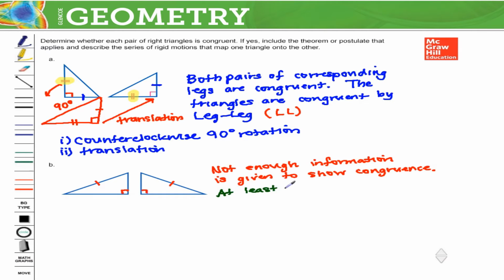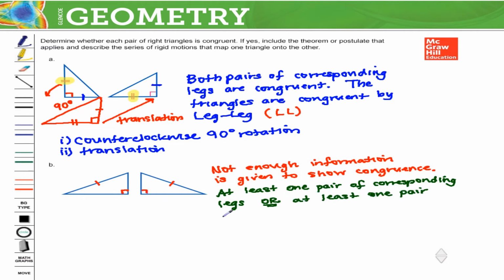So once again, at least one pair of corresponding legs or at least one pair of acute angles must be congruent.